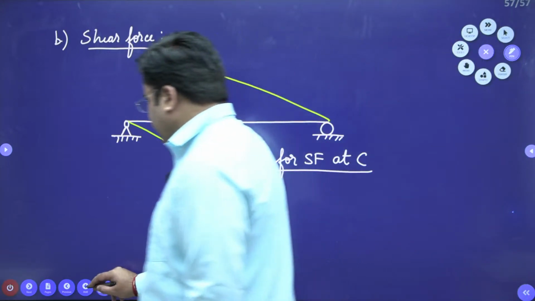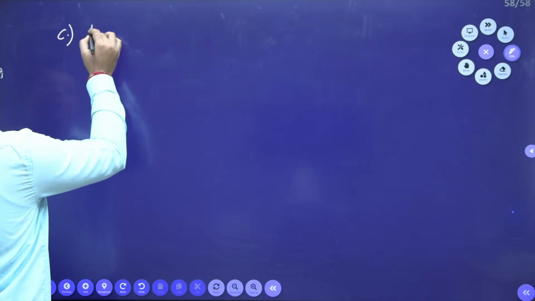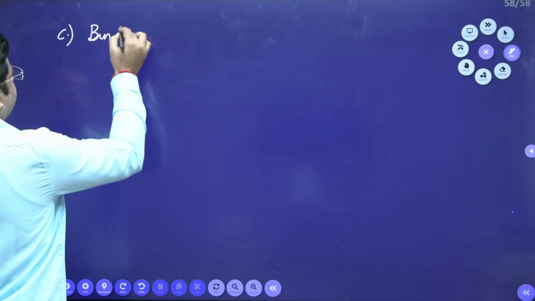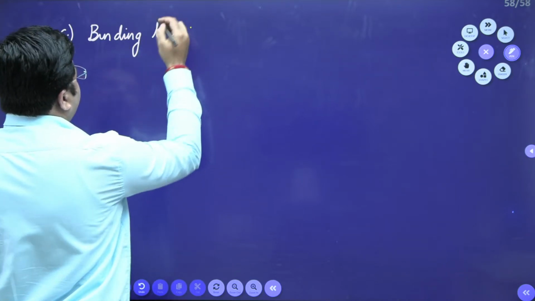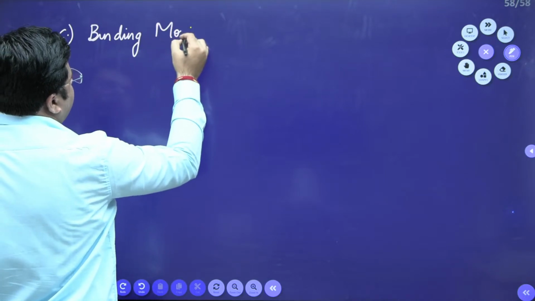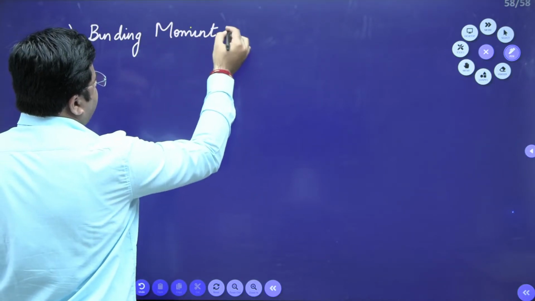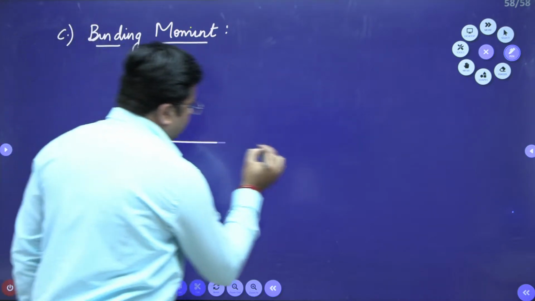Last one is, if you need to have the ILD for bending moment, you need to give the unit rotation at that particular point.